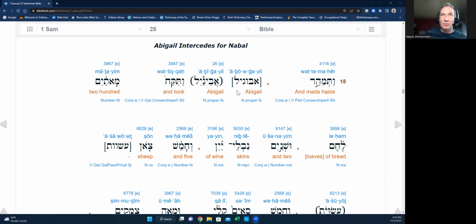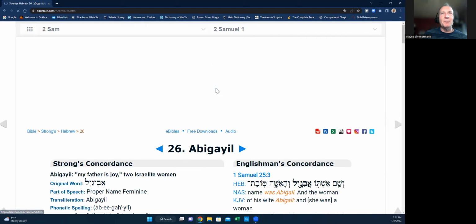When you are looking up the root form of a word in a lexicon, if you can't find it with a Yud, substitute a Vav. They were used interchangeably as letters called vowels. Regardless of that, we get to Abigail and look at her name.